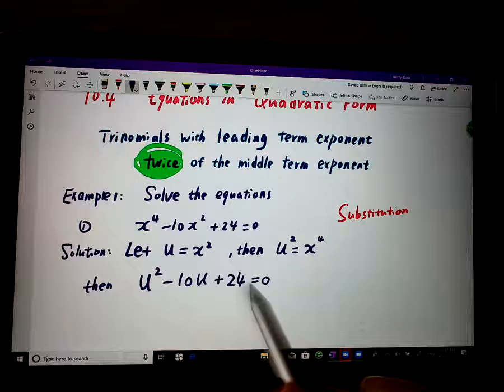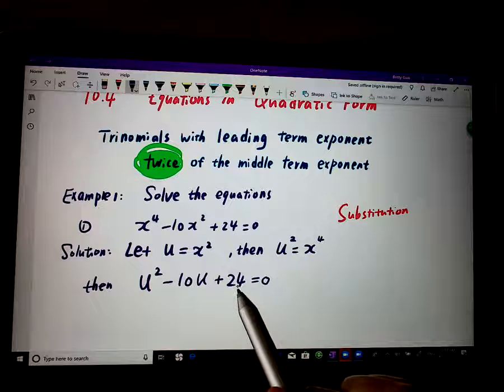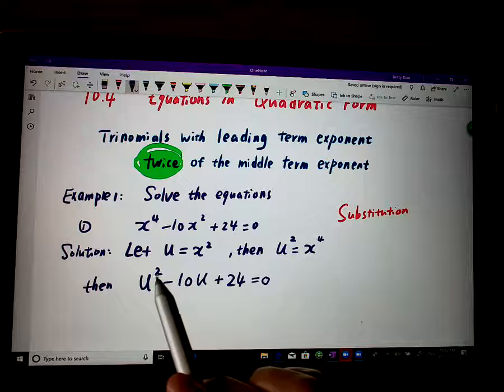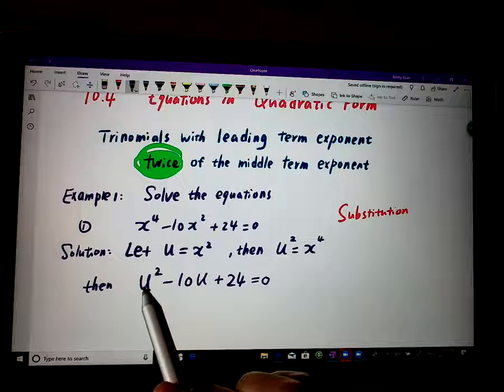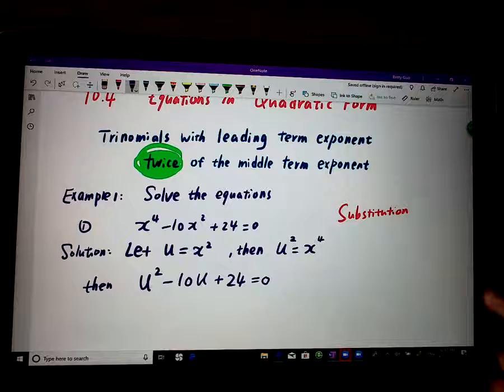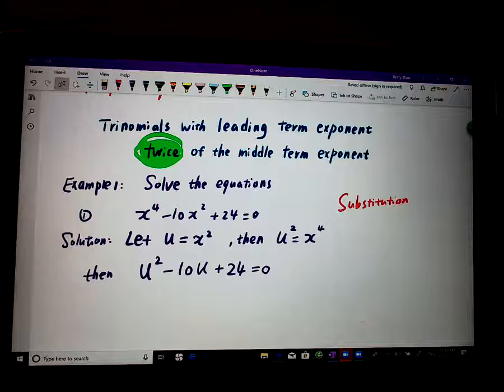And this new equation in u is a quadratic equation, because the biggest exponent on the variable u is 2. If you recall, we have learned several different methods to solve a quadratic equation. So now we are going to solve this equation for u.